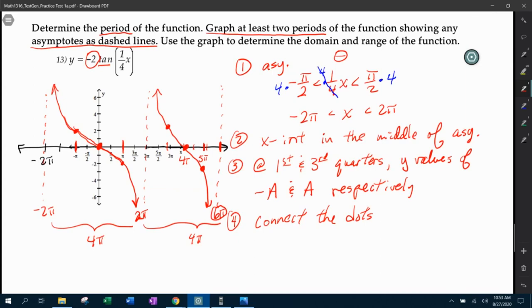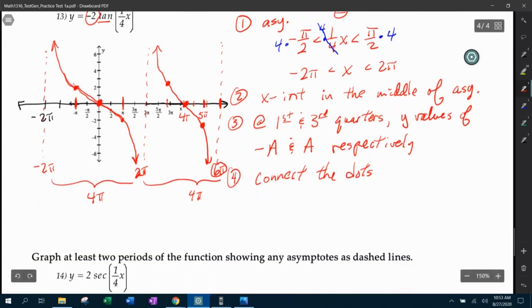Okay, what else do we need? We need to determine the domain and range. All right, let's get the domain and range. So we're going to say the domain is the set of all x such that x cannot be equal to 2 pi times k, where k is an odd integer.